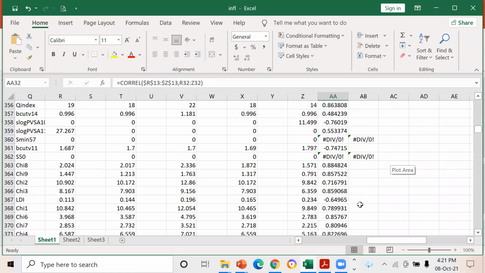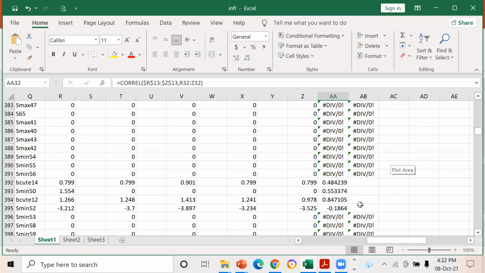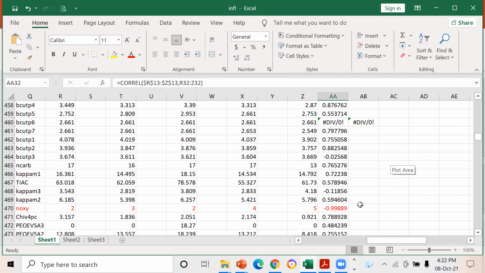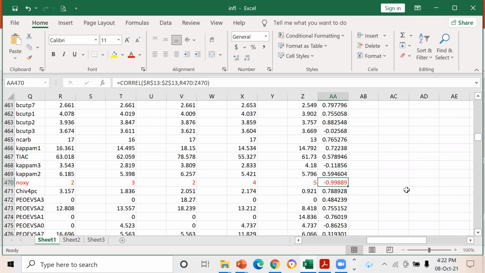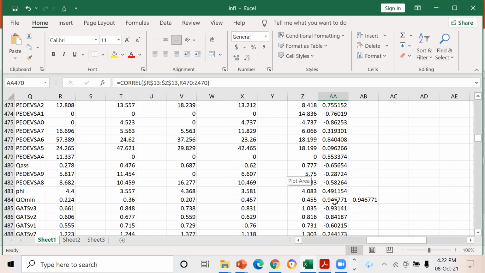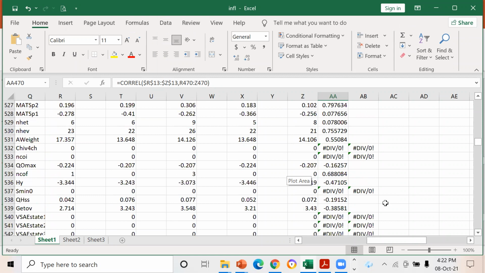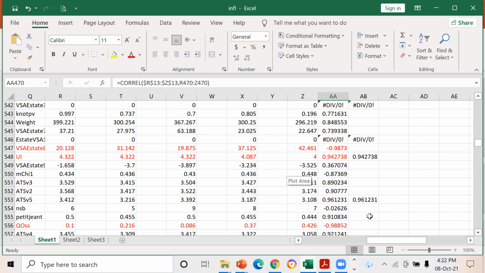Everything is 0.8, 0.85, 0.7, and all sorts of numbers. 0.99. Fantastic. That's a very good one. So between the activity and this particular NOxY, I need to find out what NOxY is. 0.99. I think this is the best. 0.998. There is a 0.94 also. Some 0.98, 0.94. So there are very good numbers.